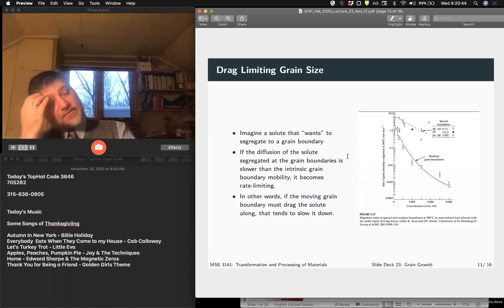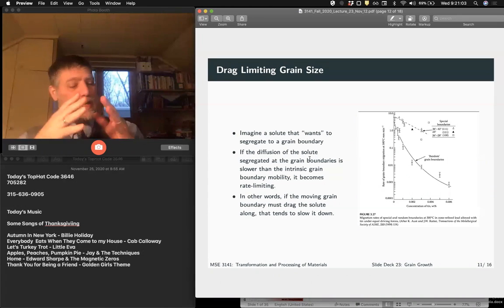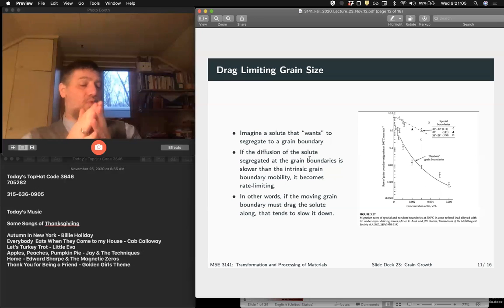We left off on Monday talking about solute drag and pinning. And so when we talked about diffusion and solid solutions, we said that solute many times will want to go to a grain boundary, right?